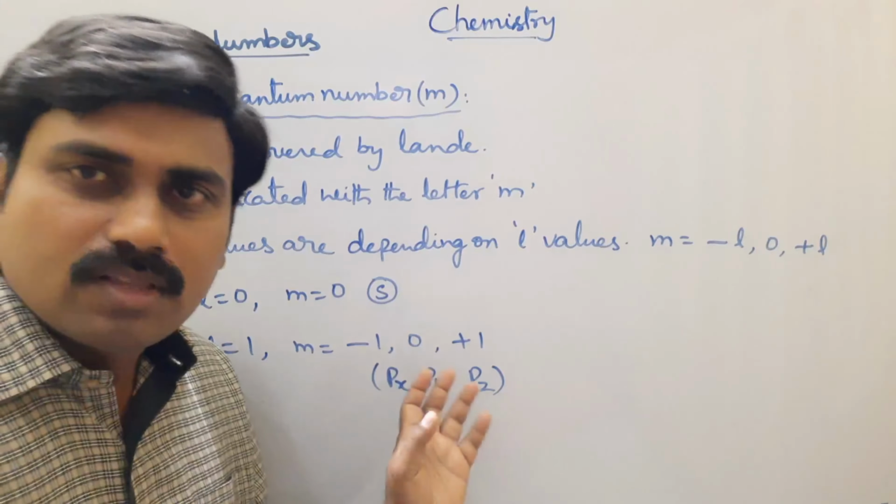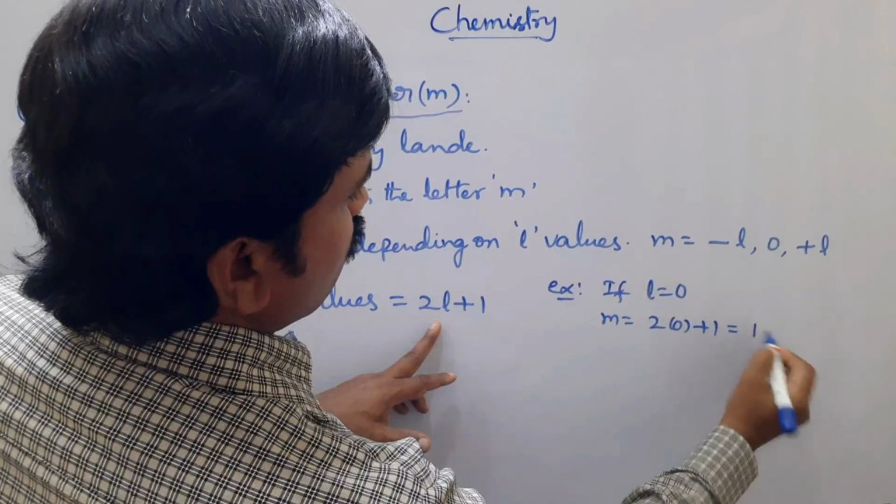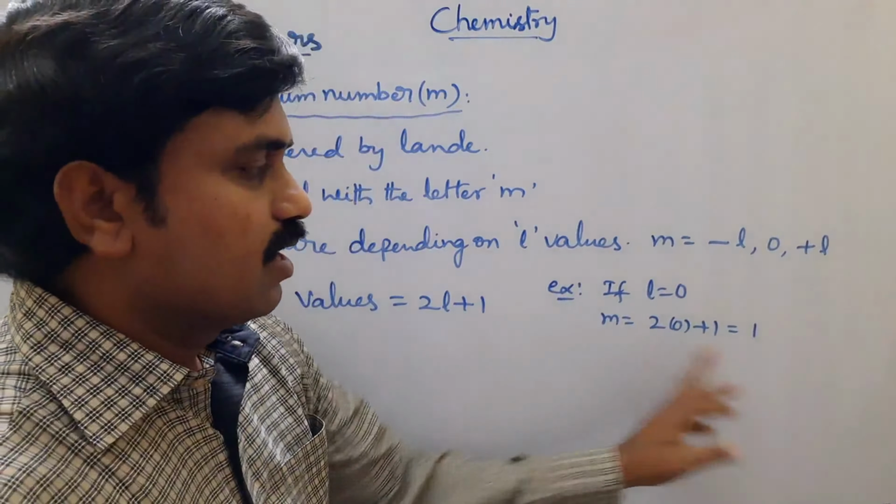For calculating the total number of magnetic quantum number values, we have to take the formula 2L plus 1. For example, if L equal to 0, then m equal to 2 into 0 plus 1, which is equal to 1. 1 means m has one value, that is m is equal to 0.